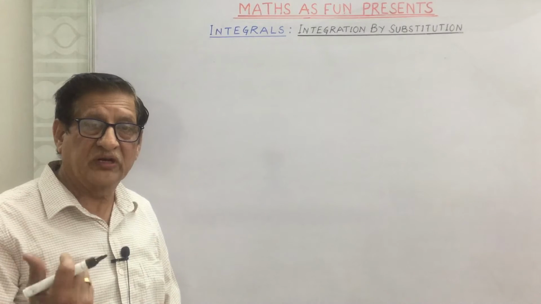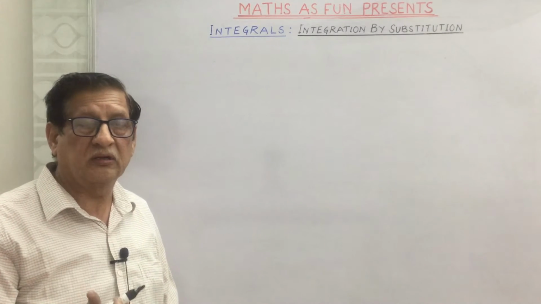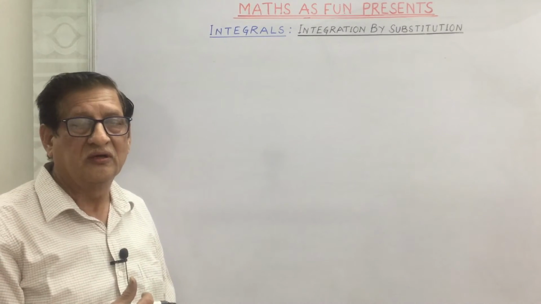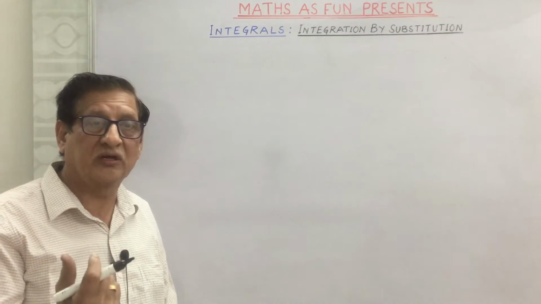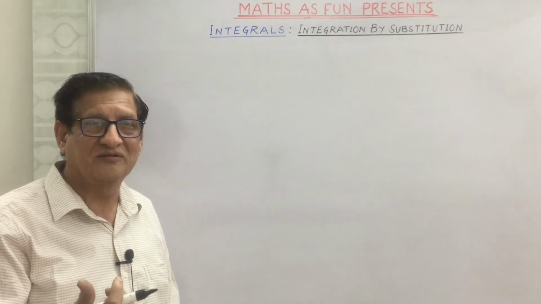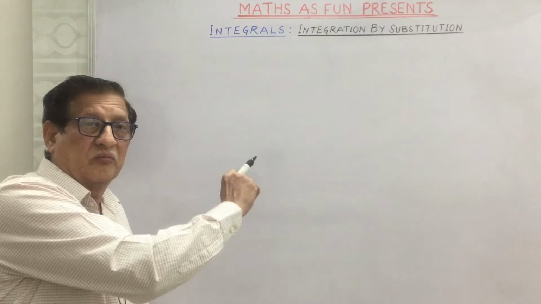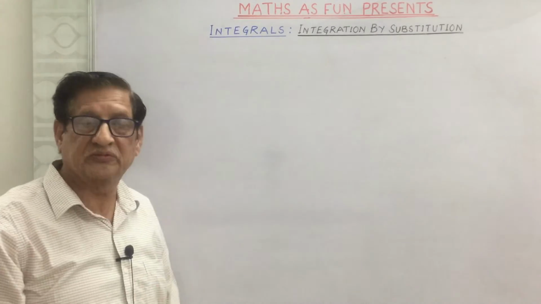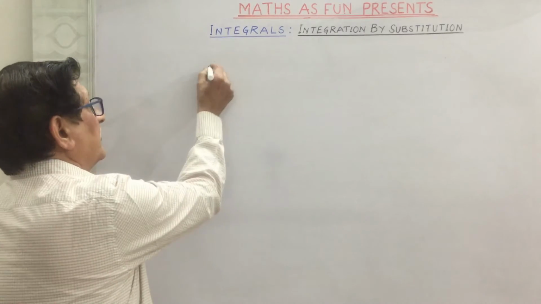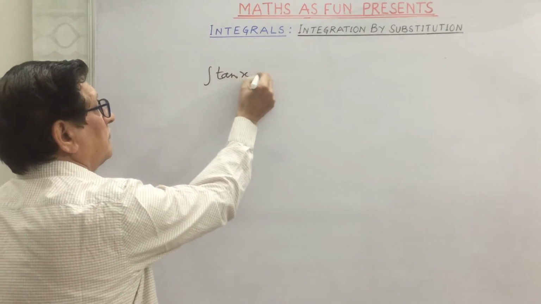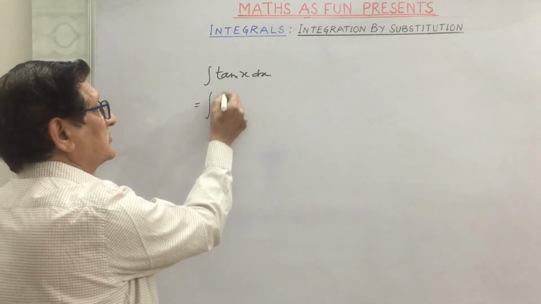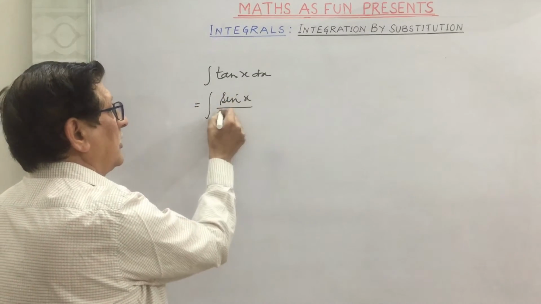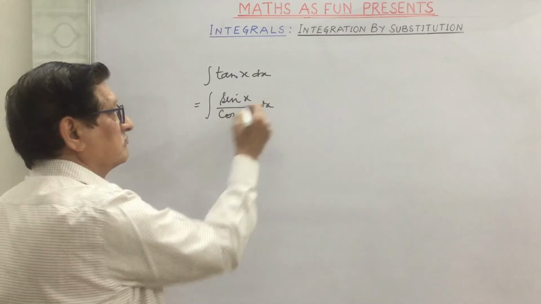You all know when we were writing the fundamental formulae of integration, we didn't write the integral of tan x, cot x, sec x and cosec x. That we can find by using the method of substitution. The integral of tan x, to find this, we can write this as sin x upon cos x.